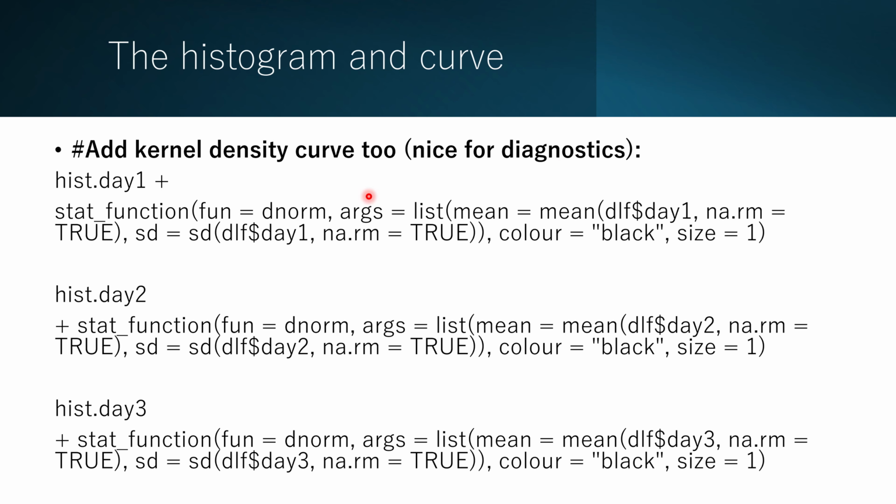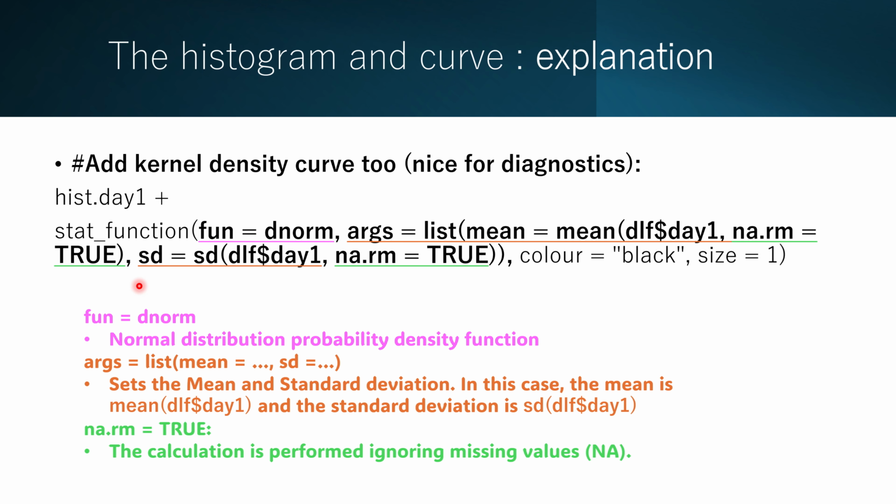Nice diagram. We can add the curve like this. This is the explanation part. The function is dnorm. Norm means normal distribution. We add the normal distribution probability density function. Then fun equals dnorm, and args equals the mean and standard deviation.